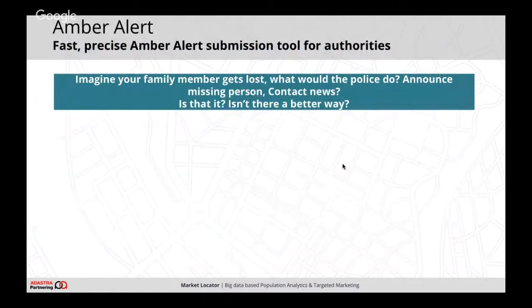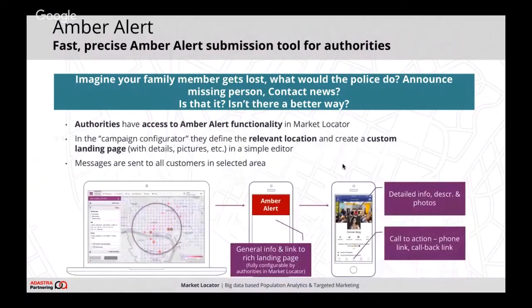Amber Alert. Imagine a family member goes missing. What would the police do? Announce the missing person. There would be maybe a newswire, and maybe you would be going around with friends looking for that person. Isn't there a better way to do this? Well, as a telco provider, you have a very good opportunity for highly targeted communication towards communities in a certain area.